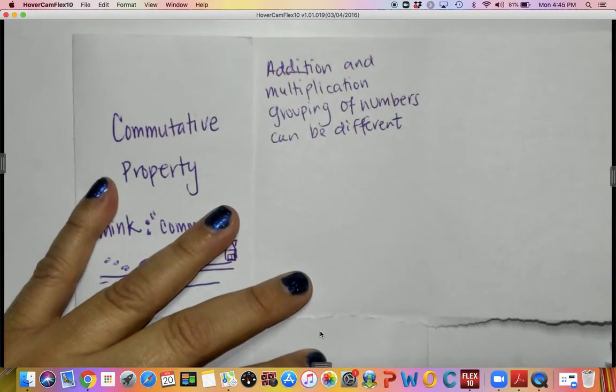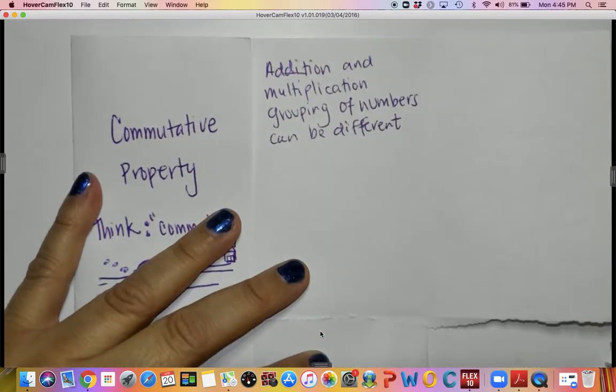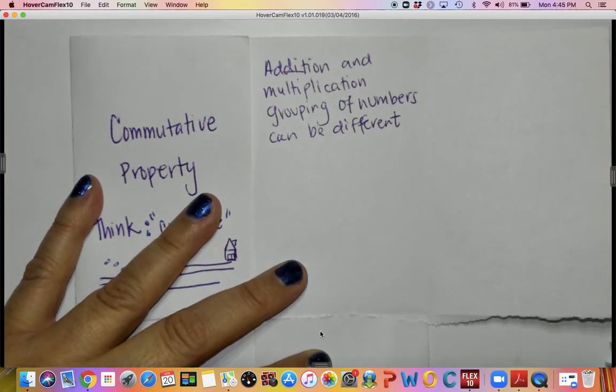So let me show you what that means. And when we talk about groups of numbers in algebra, in expressions, in equations, we use parentheses. That's how we know there's a group of numbers.